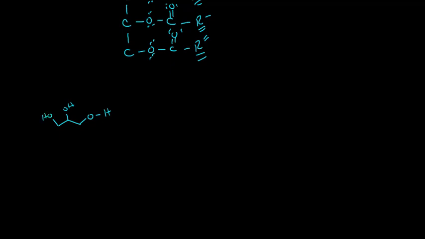For this very first step, this part of the compound isn't really important. We're going to focus in just on this alcohol, and we know that this alcohol group is going to condense with a carboxylic acid functional group from a fatty acid. So let's go ahead and put in our lone pairs.